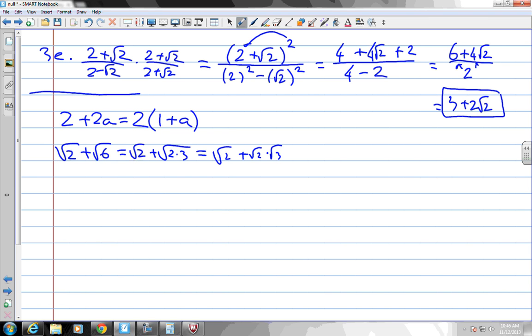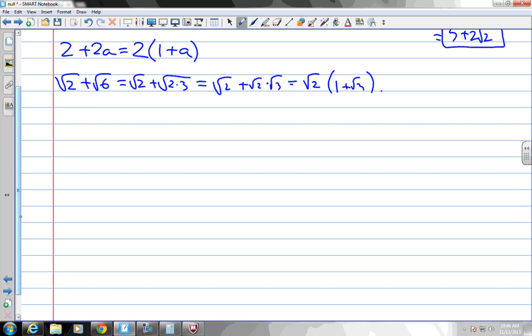So what is the common factor? Root 2. So if I take the root 2 out, what's left? 1 plus root 3, right? Not random. That was the example leading to question 6.